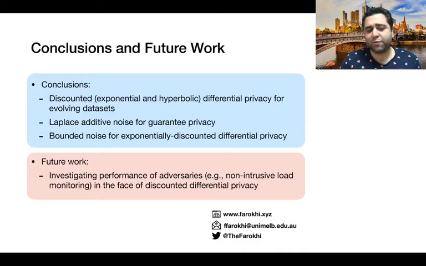Or non-intrusive load monitoring, where we look at the consumption of one house and try to figure out what appliances were being used inside the house. Now, what will happen to the performance of the adversaries that are used in these contexts if we are using discounted differential privacy? Would we be able to balance the privacy needs of the people at the same time as having good utilities or not? So that would be a very interesting future work.